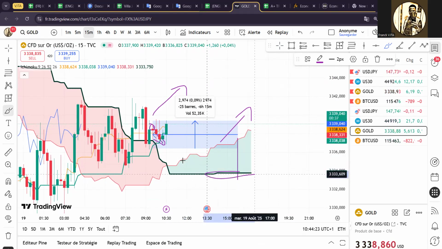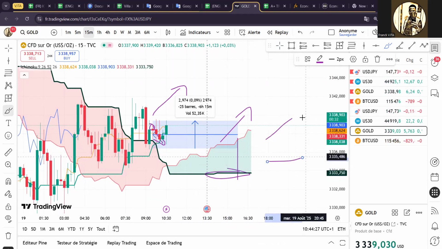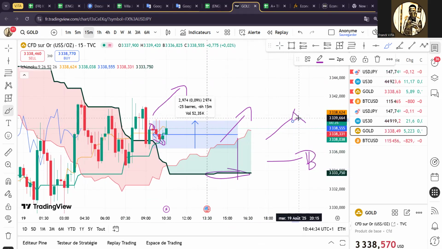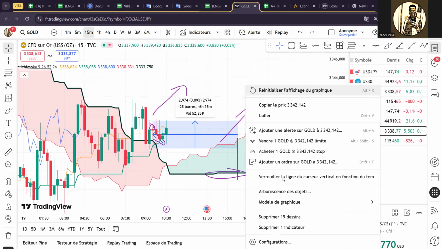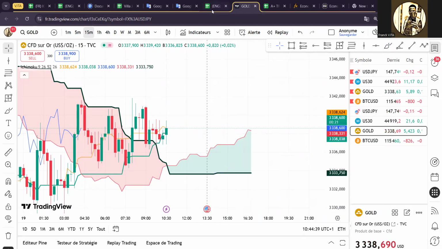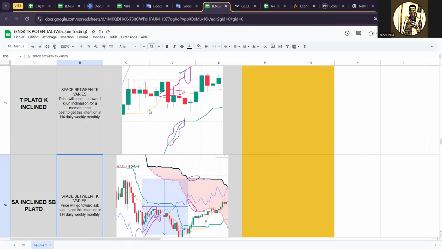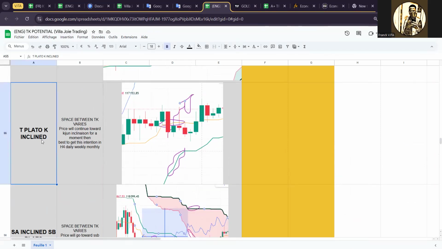This plateau of SSB attracts the price. When you have a plateau for SSB and SSA inclined to the upside, SSB will attract the price toward it. So after that, we have Tenkan plateau now and Kijun incline.